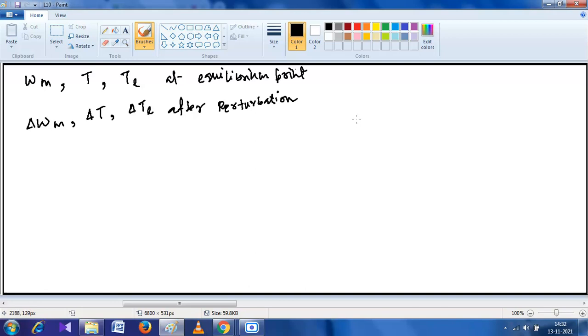And if the equilibrium point is stable, then what is the condition? TL greater than T. That means we can write this is the condition.